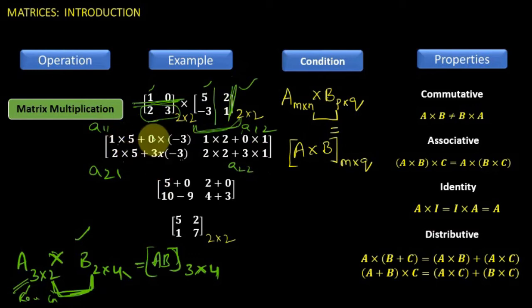So 1 five is 5 plus 0, 1 two is 2 plus 0, 2 fives are 10, 3 threes are minus 9. So 2 twos are 4, 3 ones are 3. If you add these, 5, 2, 10 minus 9 is 1 and 4 plus 3 is 7. See the resultant matrix, the remaining ones, 2 cross 2 I get.